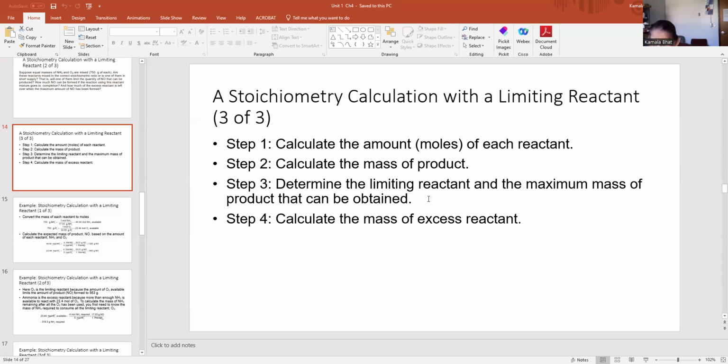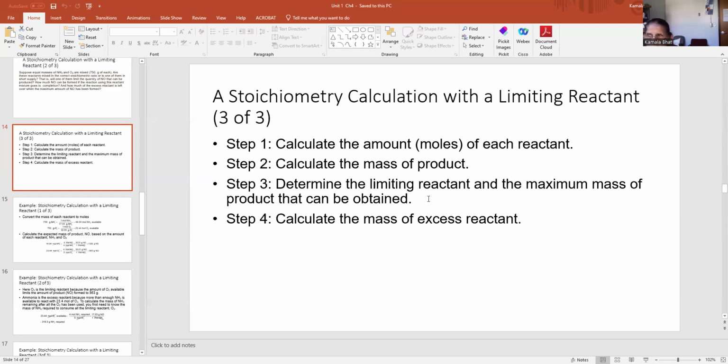So when we say the maximum amount of product that can be obtained in the reaction, first, in order to determine the limiting reagent, for each reagent, see what is the maximum amount of product if that particular reagent was completely used up.